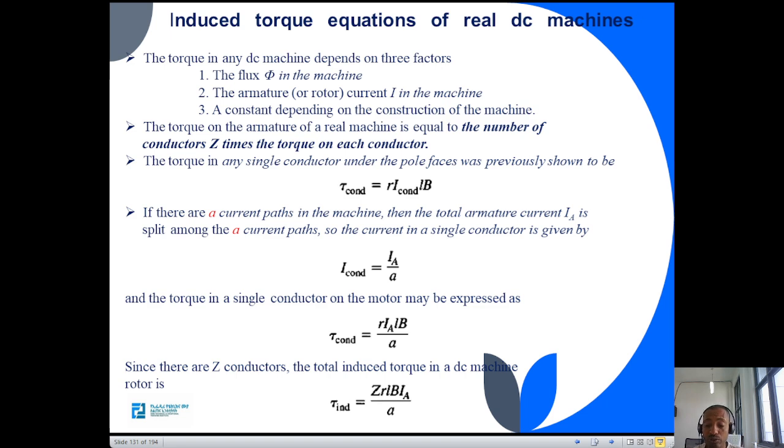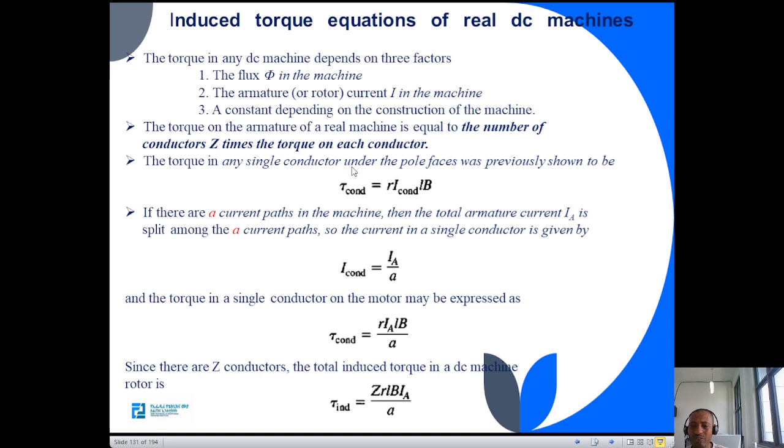The torque induced in our DC machine depends on the number of conductors of the machine times the torque on each conductor. That is the total induced torque. But what is the torque on each and every one of our conductors?